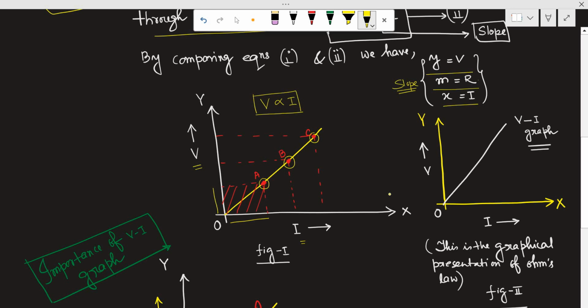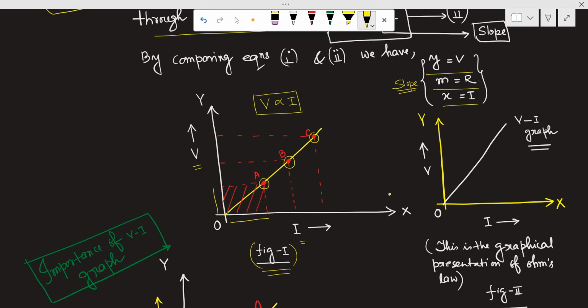So this straight line represents the mathematical relation between voltage and current, or the potential difference and current. This graph is indicated by figure 1. This figure 1 is important for understanding, and in some cases it will help you to solve some numerical problems or assertion-reason questions.